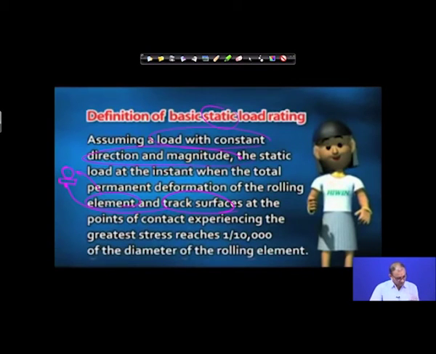If there is wear of the rolling element, then again there is wear of that part. The greatest stress at any point of contact should not reach 1/10,000 of the diameter of the rolling element. Whatever the diameter is, we have to consider that the greatest stress should not reach that location. That is the basic static load rating.